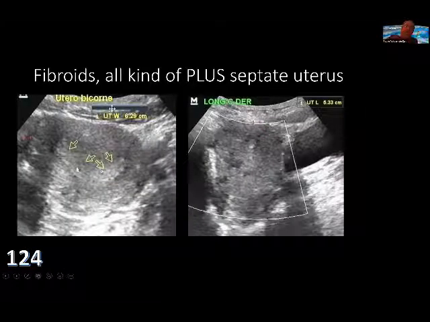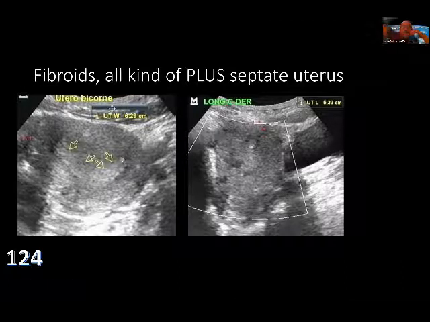We can find that on a septated uterus. See the B shape of the endometrial lining. Complex uterus.